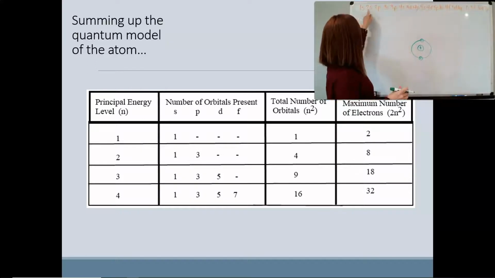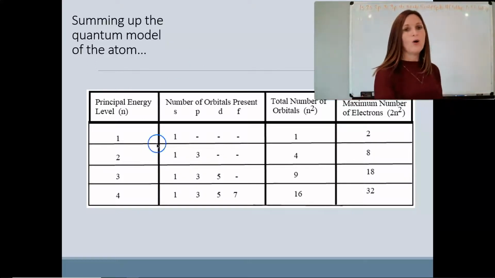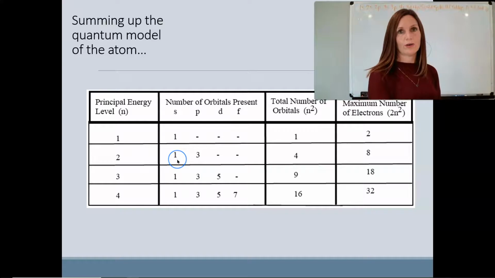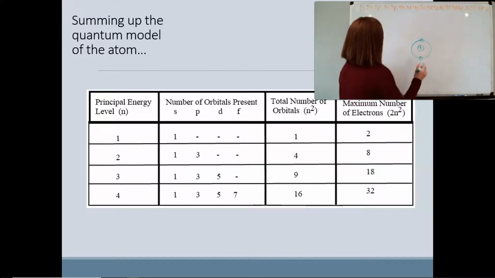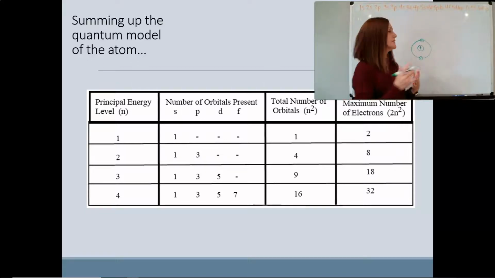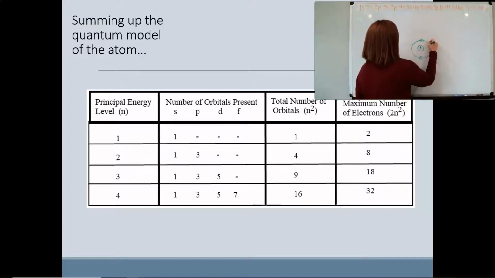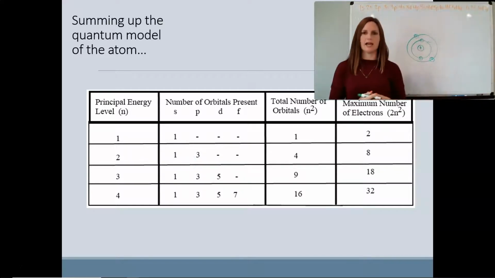Following 1s, the next orbital that would fill would be the 2s orbital, and that 2s orbital would also have 2 electrons in it and be spherical in shape. The difference is that if this is n equals 1, then n equals 2 is going to be just a little bit bigger. 2 electrons in our n equals 2 here at the opposite sides.